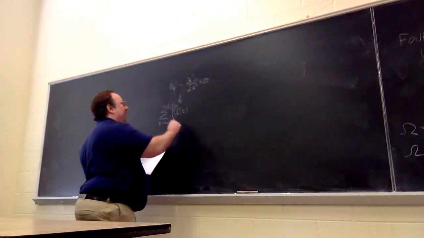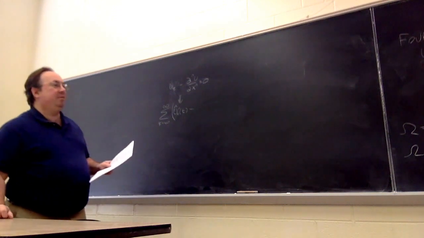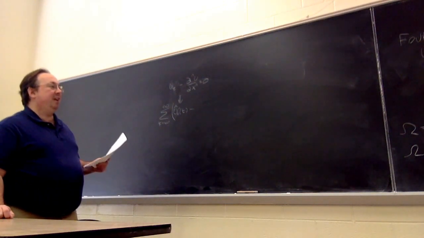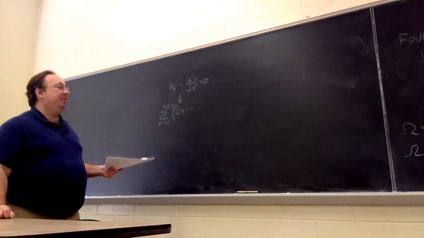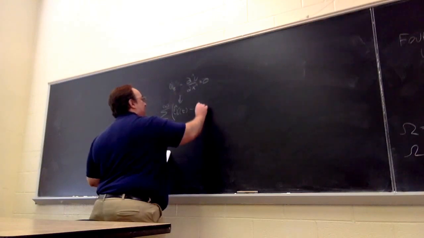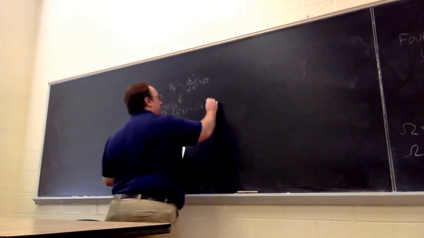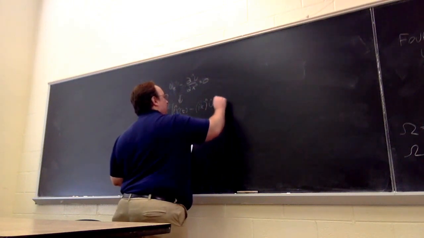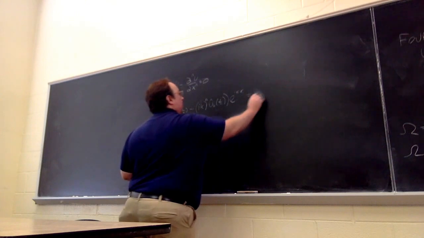And then here we're taking the nth derivative of the Fourier series with respect to x, but the only dependence on x is the e to the i k x. When we take a derivative of that with respect to x, it multiplies by i k. And we're taking the nth derivative, so it's to the nth power.